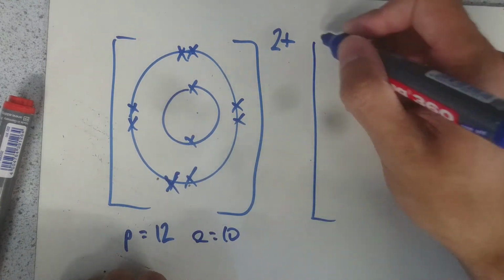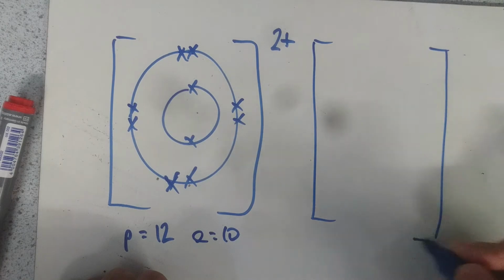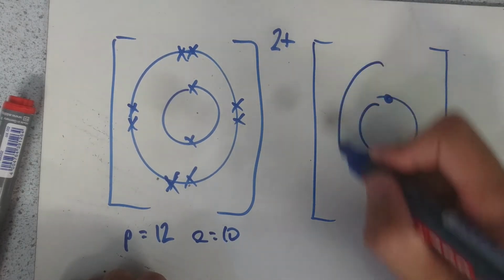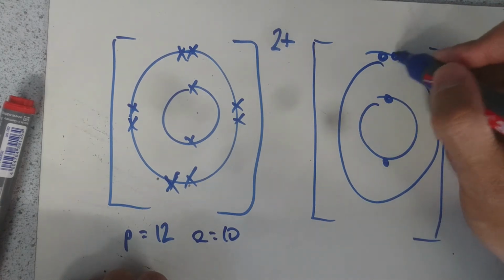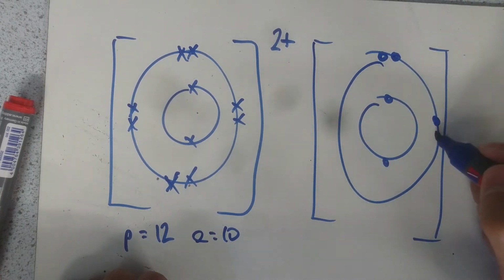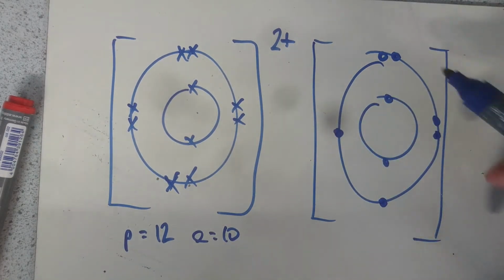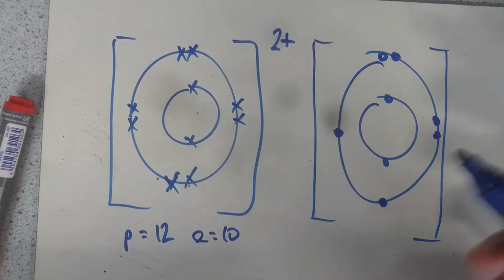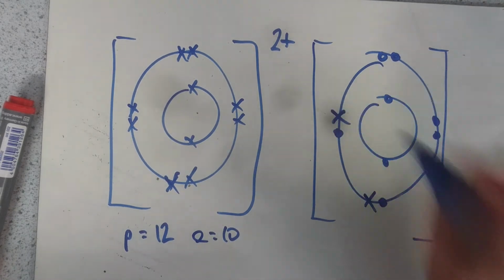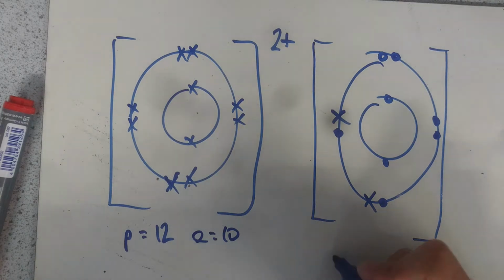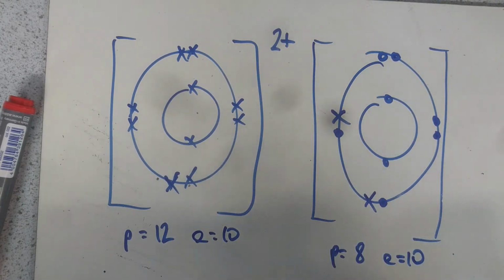And that is going to bond with our oxygen. And I'm doing the oxygen electrons again as dots this time. So that's its initial 8 electrons, 6 in its outer shell, but it's going to gain 2 from the magnesium. So that now still only has 8 protons, but it's got 10 electrons. So its charge is 2 minus.